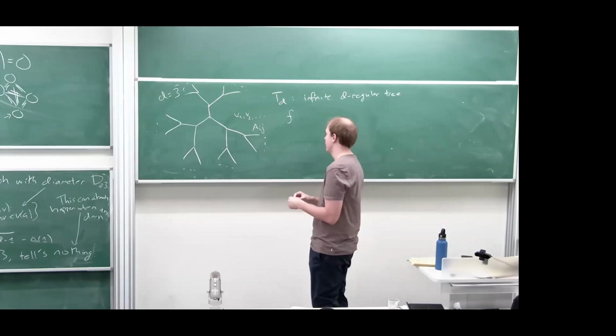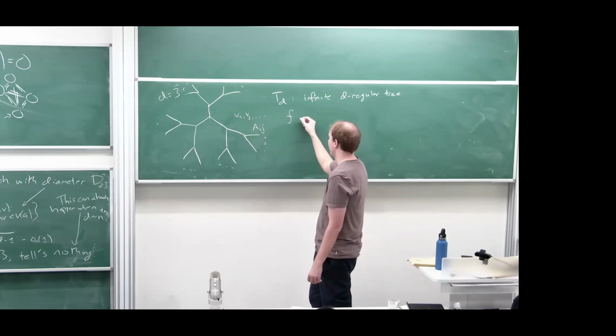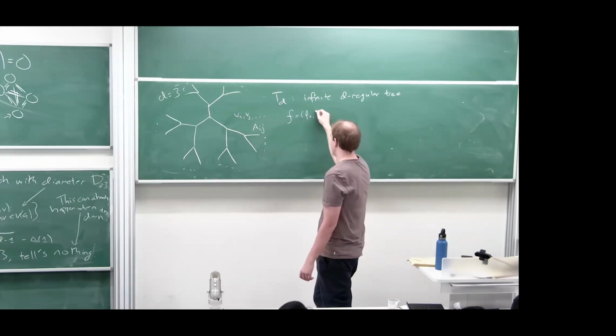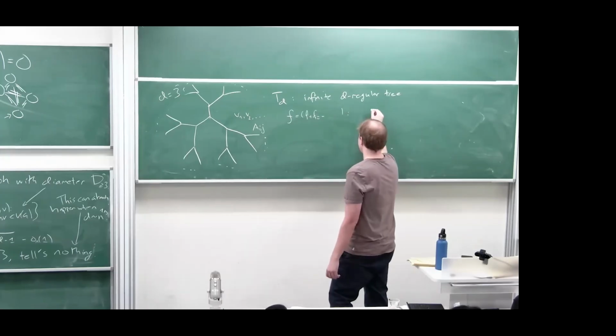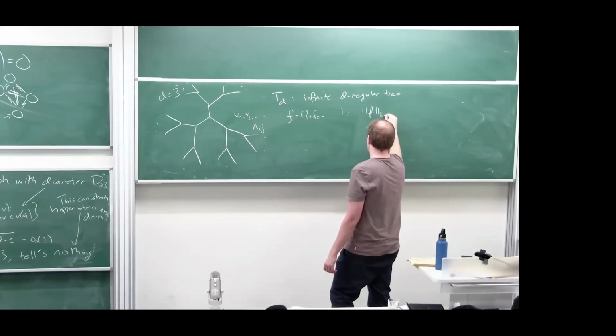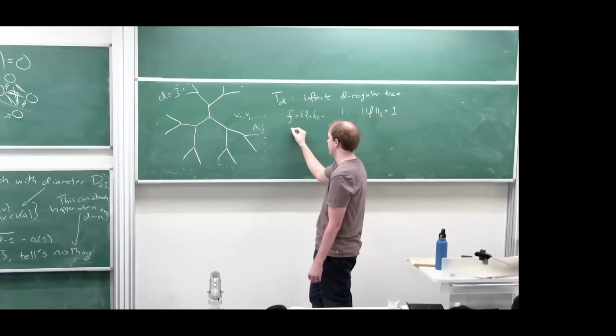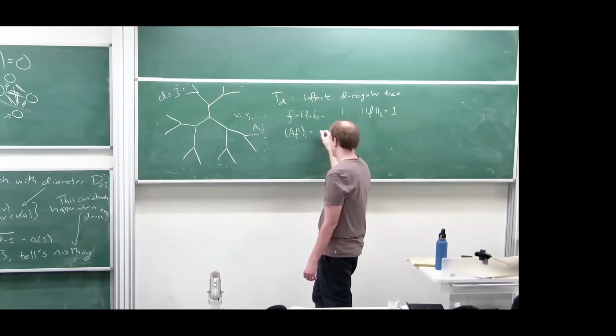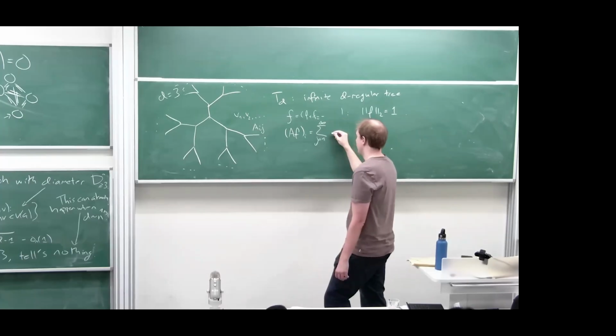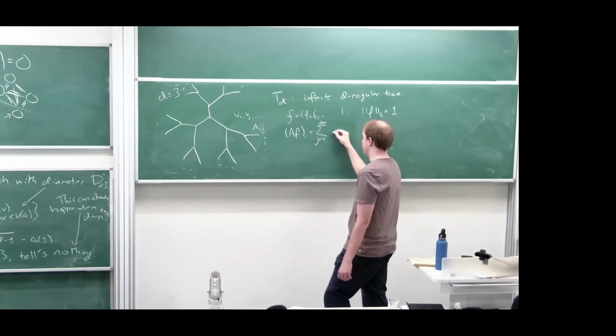And then given a vector f with infinitely many entries, so that the L2 norm of f is 1, it's really important, then we can define Af as this vector where the ith entry is just given by this sum, and note that this sum has 3 non-zero entries.